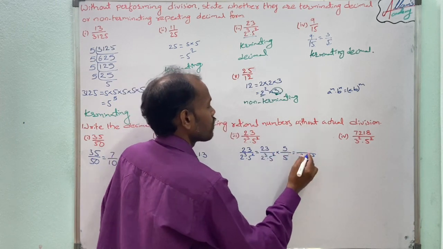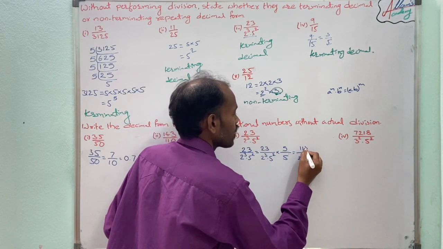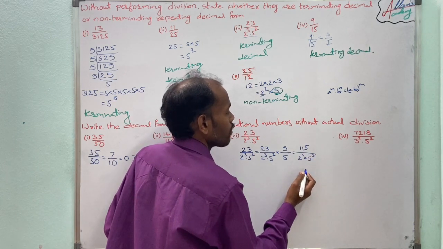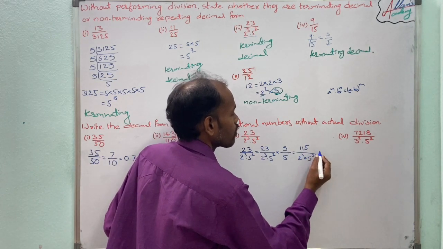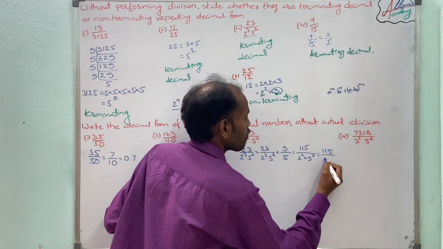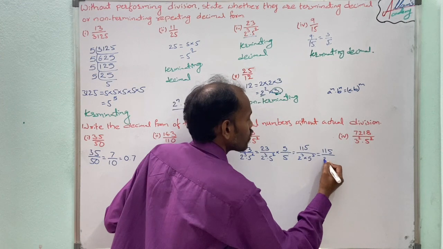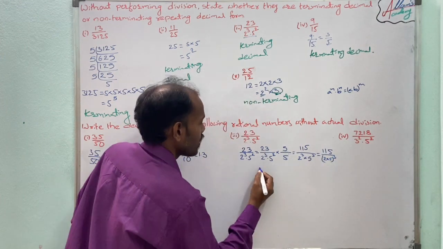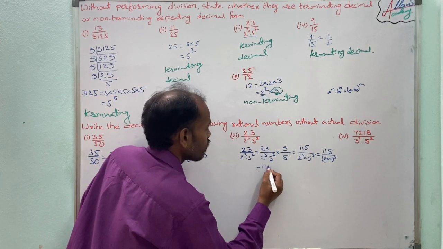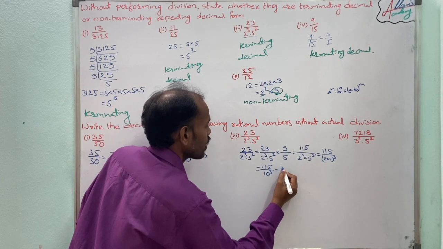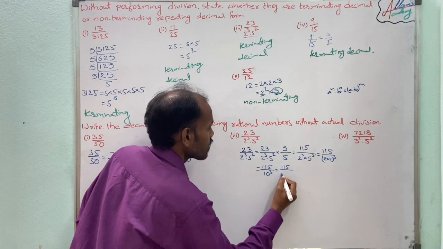Now 23 fives are 115. By the formula a power m into b power m equals ab whole power m, we get 115 by 2 into 5 whole cube. 2 fives are 10, so 115 by 10 cube. 10 cube is 1000.